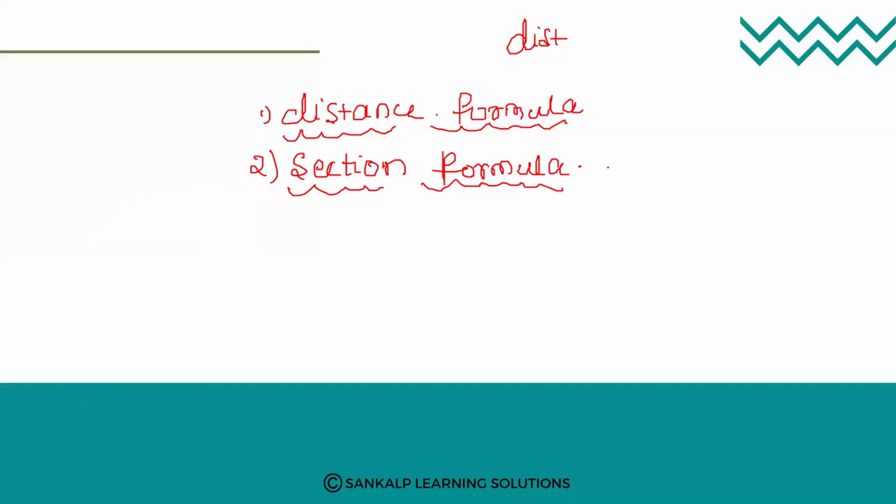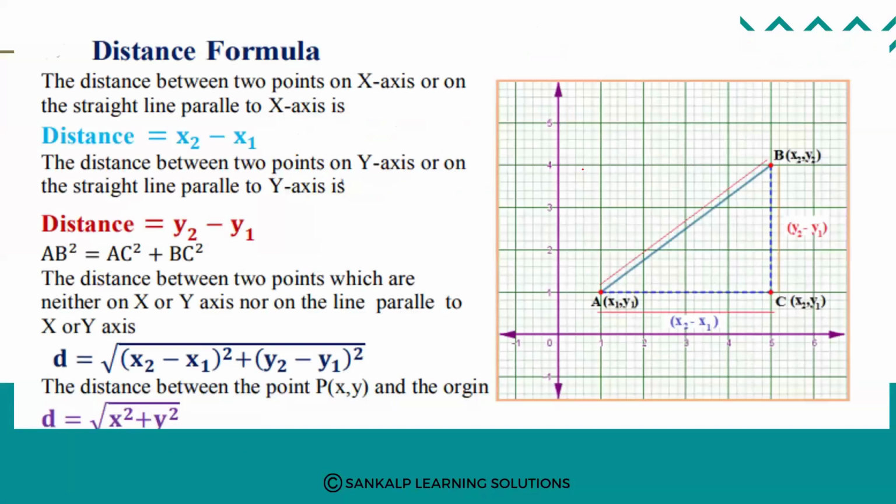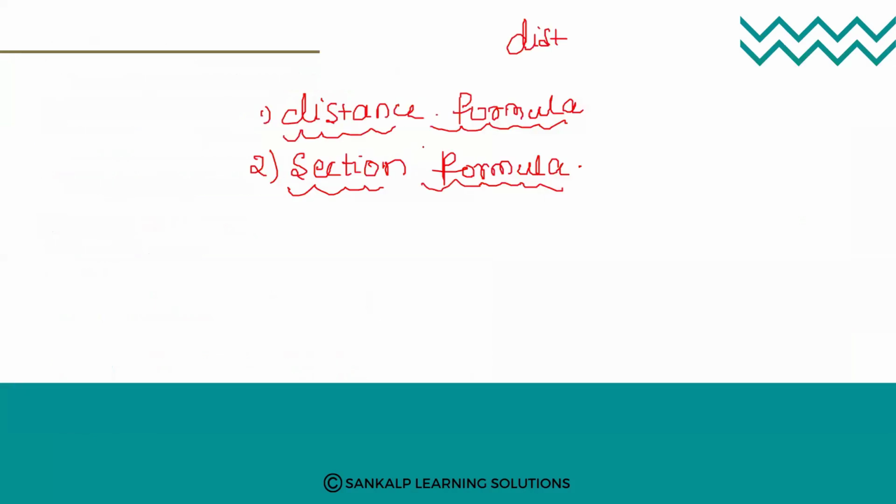Distance formula means what? The distance between 2 points on the x-axis or on a straight line parallel to the x-axis. See, for example, if you want to find out the distance, point A is here, point B is here. You want to find out the distance between these 2 points.